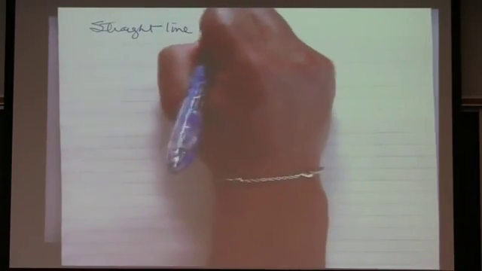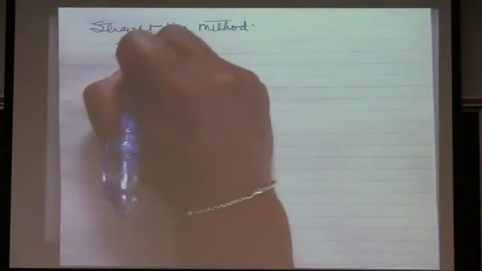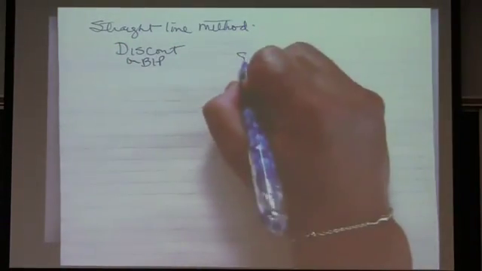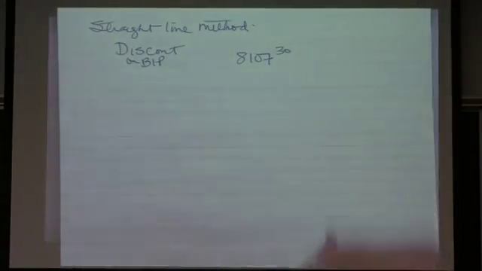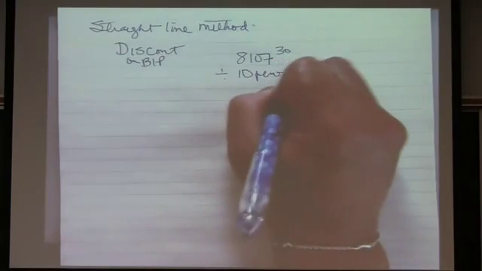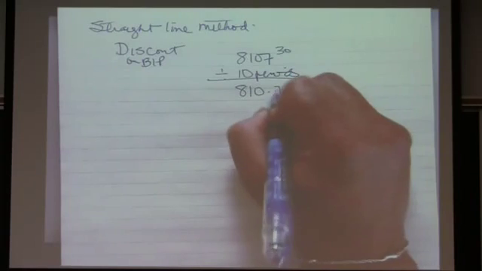So under the straight line method, we need to take the discount on bonds payable of 8107.30. We're going to divide it by the number of periods, which is 10. So the amortization is 810.73.